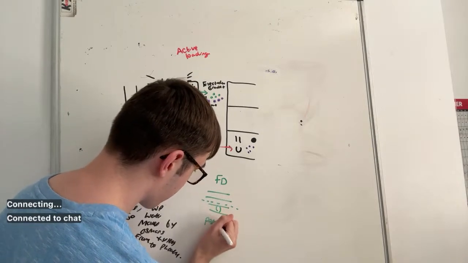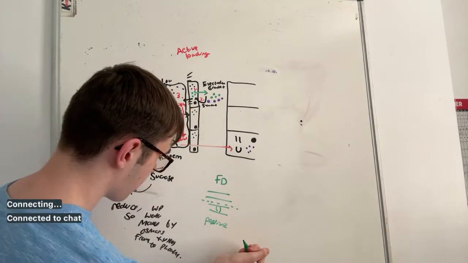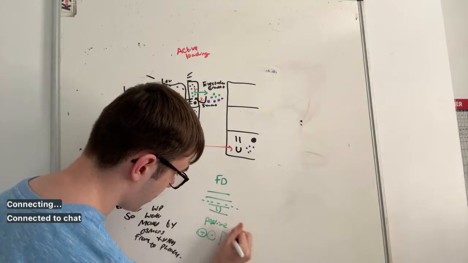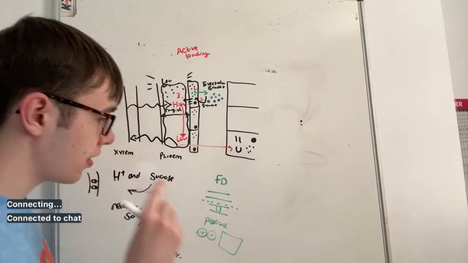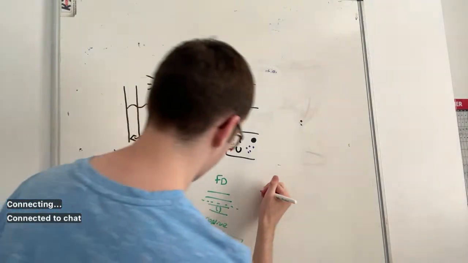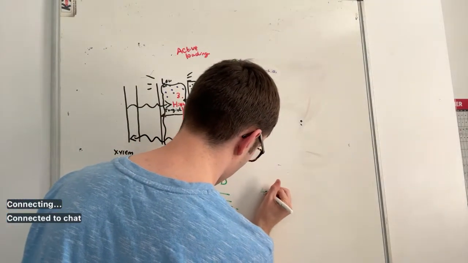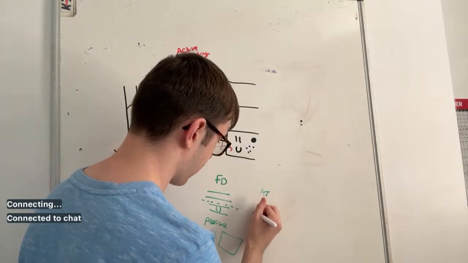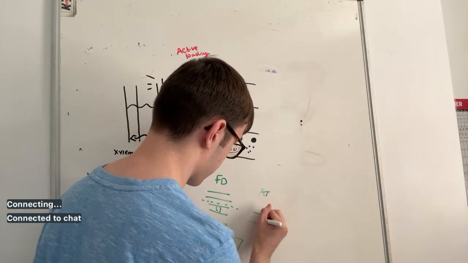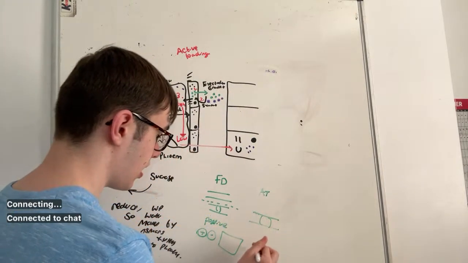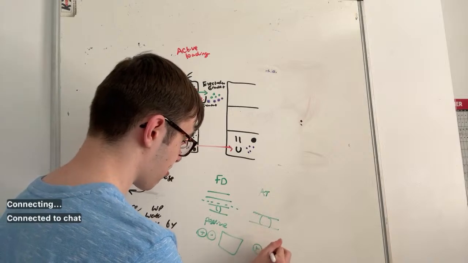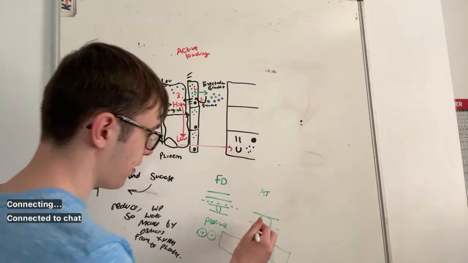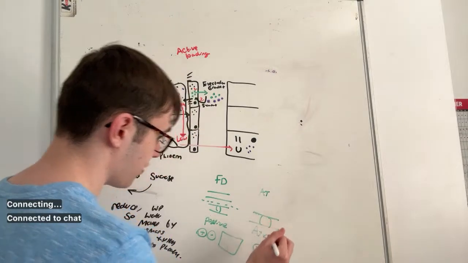It's a passive process, which is used for ions and large molecules. Active transport also uses carrier proteins, and it also is for ions and large molecules, but it requires ATP.